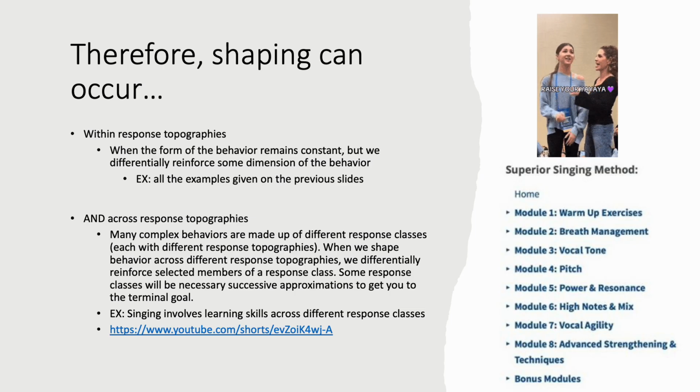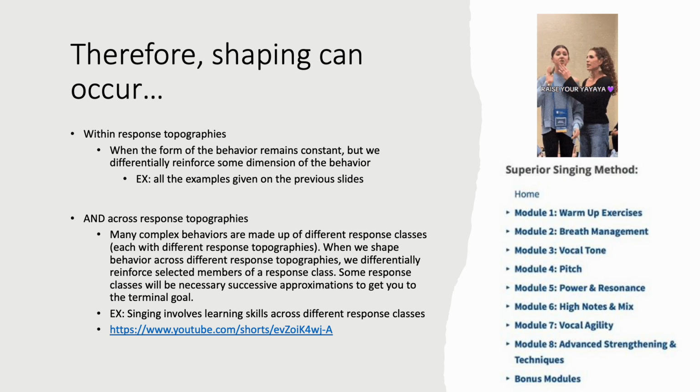So as I just mentioned, we can shape behavior across the different dimensions of performance. And this means that behavior can be shaped within specific response topographies. If you recall, a topography is a form of the behavior. So shaping within a response topography is when the form of the behavior remains exactly the same, it remains constant, but instead we're differentially reinforcing some other dimension of the behavior.